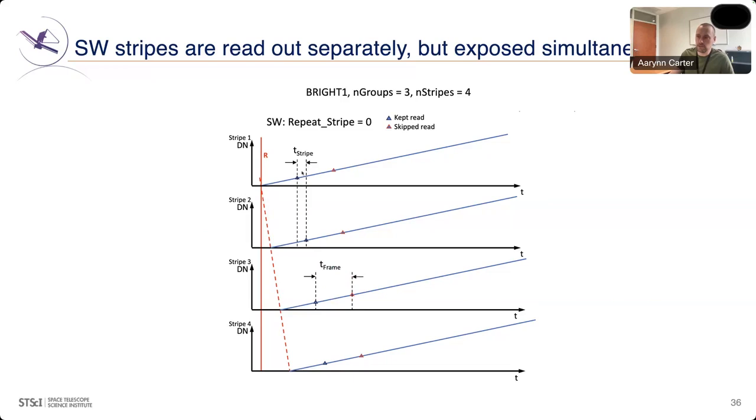So in this case, we have multiple stripes before we can perform another read, so this gets a little bit larger. If you only were reading out 2 stripes, this would be a little bit shorter. And if we keep moving up, we can see T-group as well. Same as T-frame, the group time is not changing across each of these stripes.